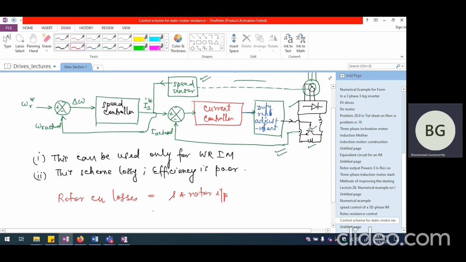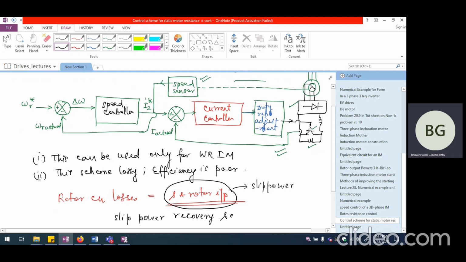So rather than wasting the power in rotor resistance, can we really return this power to the grid or retrieve this power in some way? So this particular power we generally call slip power. Because it is slip times the rotor input, we call this entire thing slip power. So can we recover the slip power? A scheme which is recovering the slip power is generally known as slip power recovery scheme.